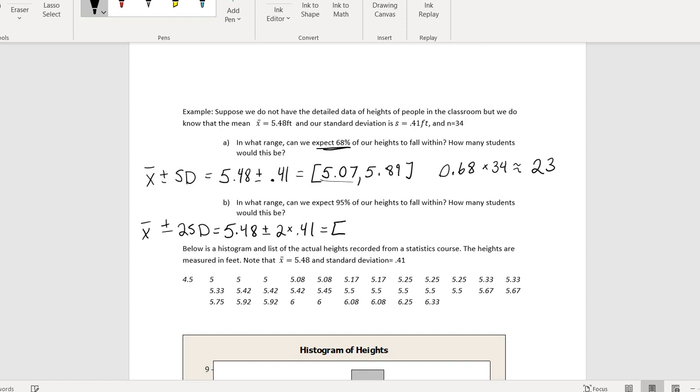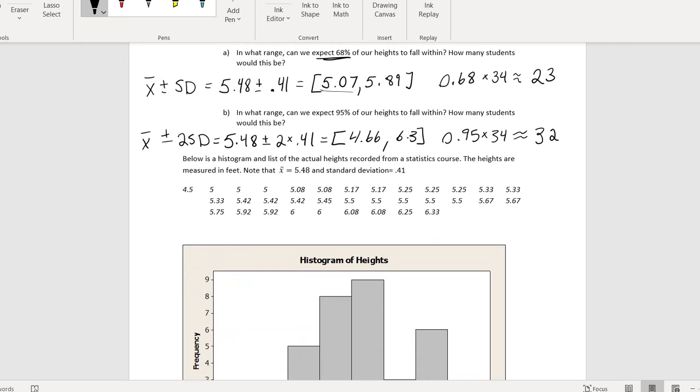What that is going to give me is between 4.66 up to 6.3. And to figure out how many students that would be, I need to take 95% of 34, which would give me about 32 students.